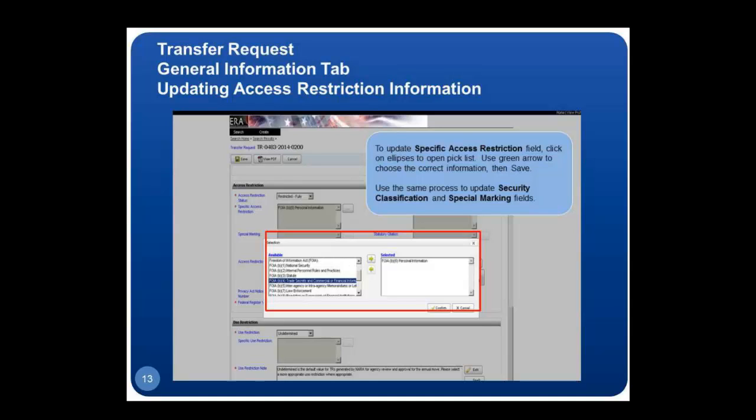But there may be other instances where internal, deliberative, or pre-decisional information is in the records, for which there would no longer be access restrictions. It's important to consult with FOIA officers, and if there are any questions about access, to contact NARA early during the transfer process.